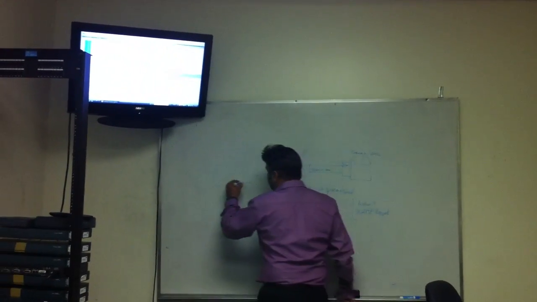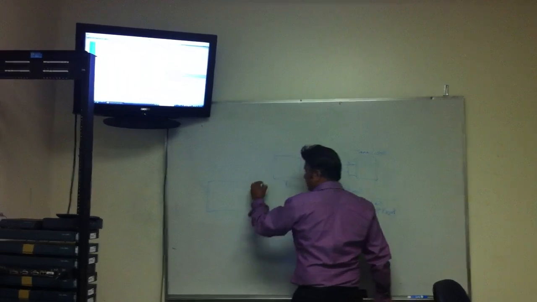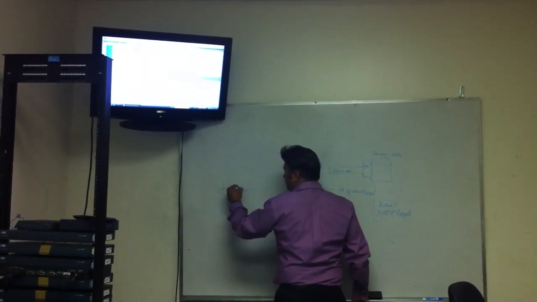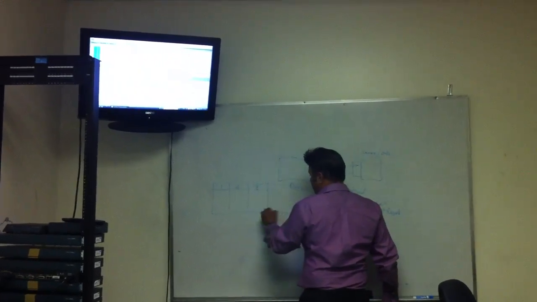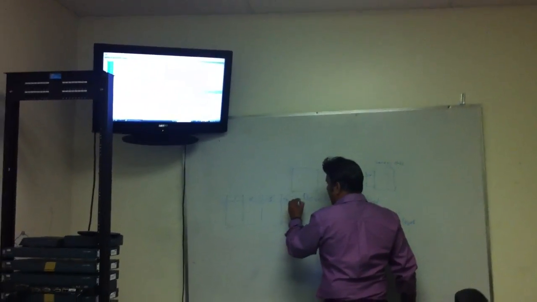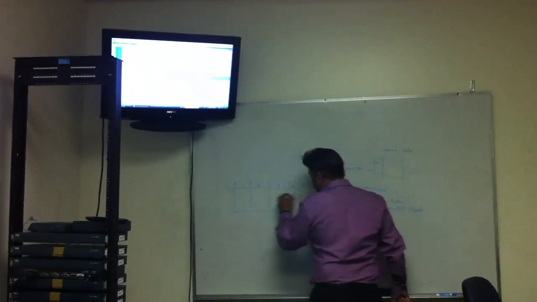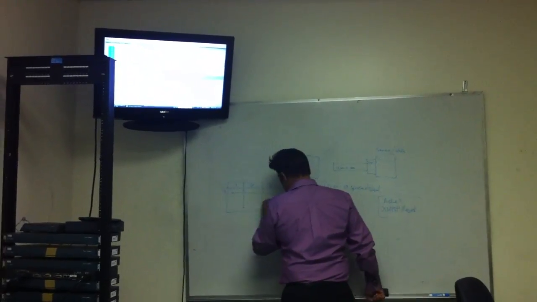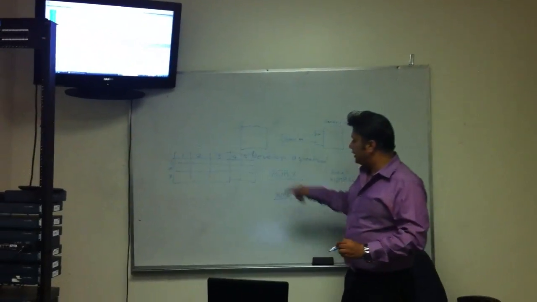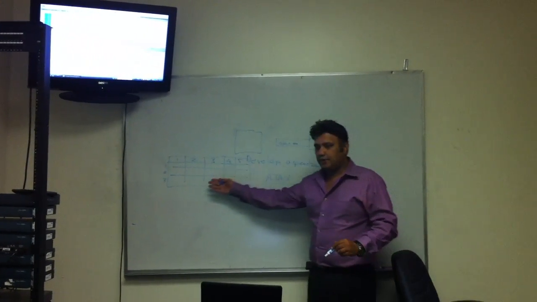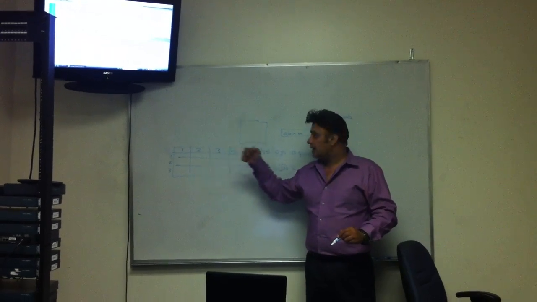So if I have a table in a database with columns called 1, 2, 3, 4, and 5, and 3 rows, 1, 2, 3, all filled with numbers, this is a table in the form of a spreadsheet.